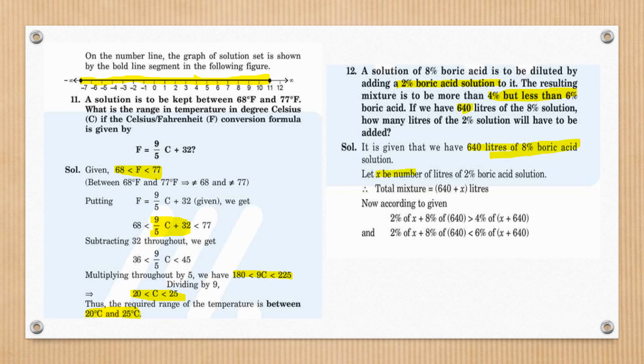Now let x be the number of liters of 2% boric acid solution which I am adding. So what will happen to the total mixture now? It will become 640 plus x, because I am adding x liters of this 2% solution to 640.